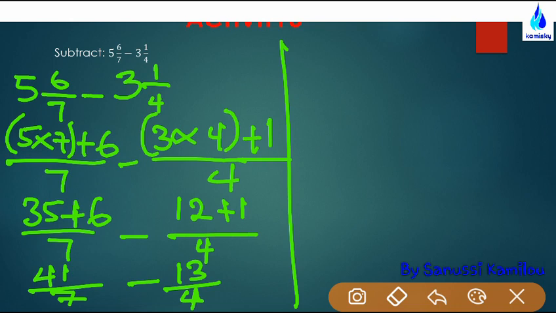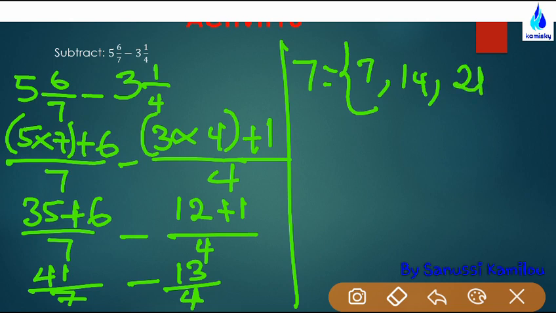So we are taking the first fraction here, 41 out of 7. The denominator is 7. So let's look for the multiples of 7. 7 times 1, 7. 7 times 2, 14. 7 times 3, 21. 7 times 4, are you sure?